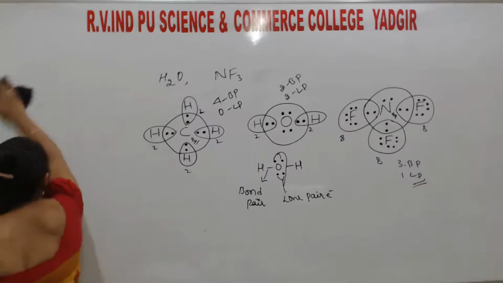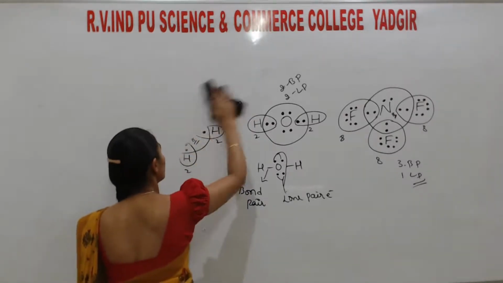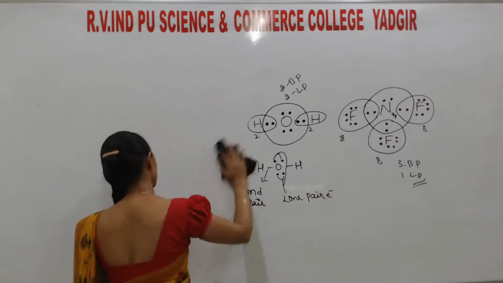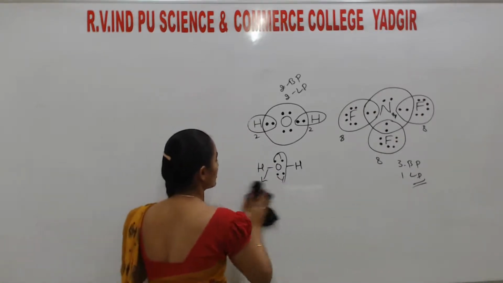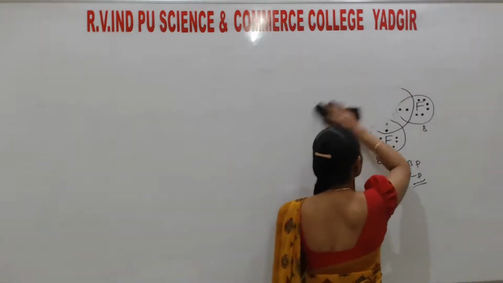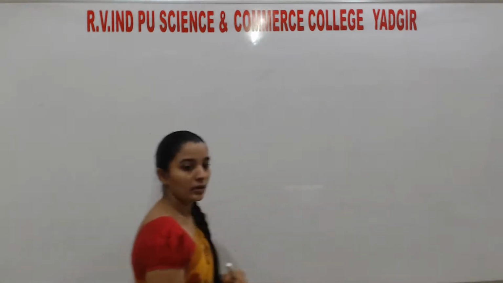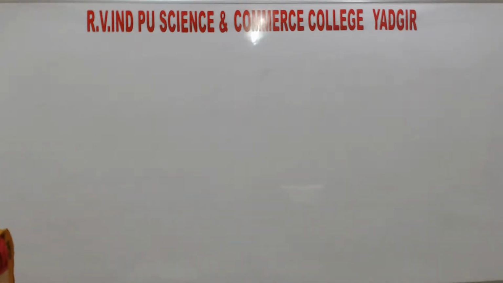So the next one is limitations of Lewis concept. Why are these structures not used nowadays? Why were further theories developed? So that is the limitations.